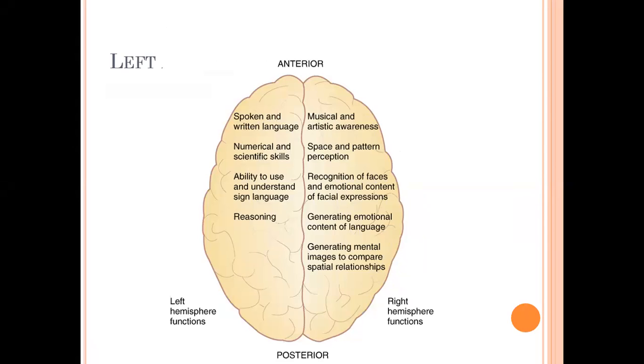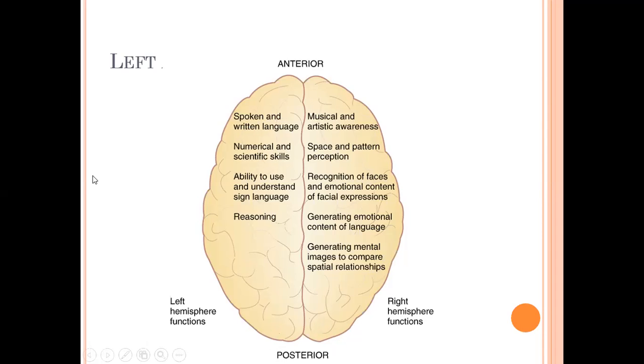You might already know this, but your brain has a left hemisphere and a right hemisphere. The left hemisphere we can see on this side here, and then the right hemisphere is on the right side, right? Where it says anterior, this is the front of the person's head. So this would be like the person's forehead. And then where it says posterior, I'm circling with my cursor, this would be the back of the person's head, right there.